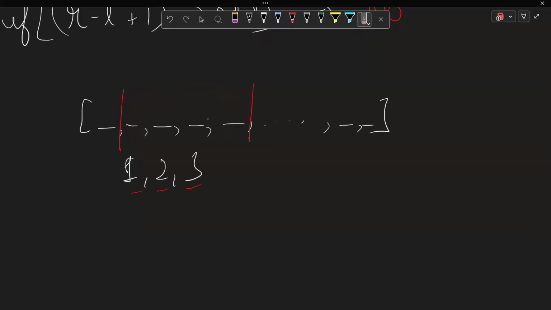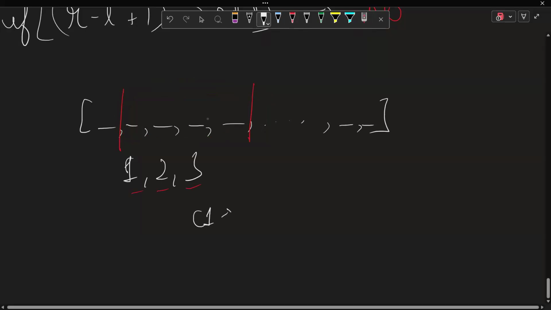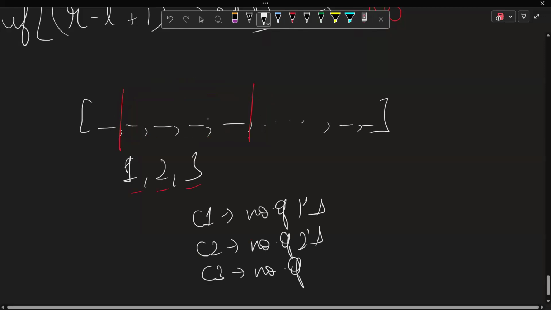So basically, C1 is the number of ones, C2 the number of twos, and C3 the number of threes, because whatever their order is does not matter, since you can rearrange that order.